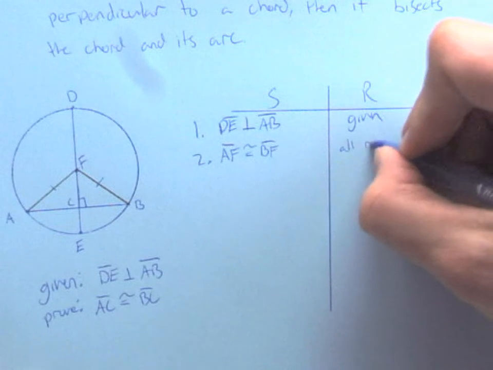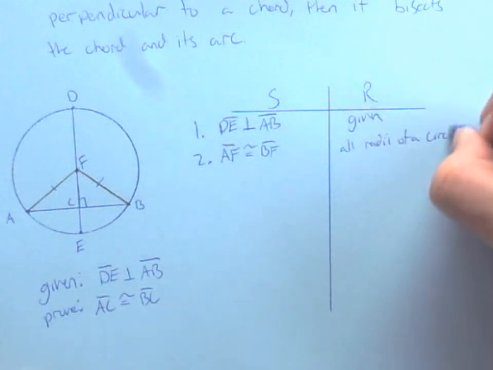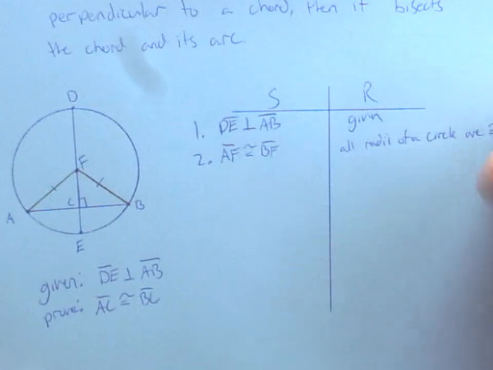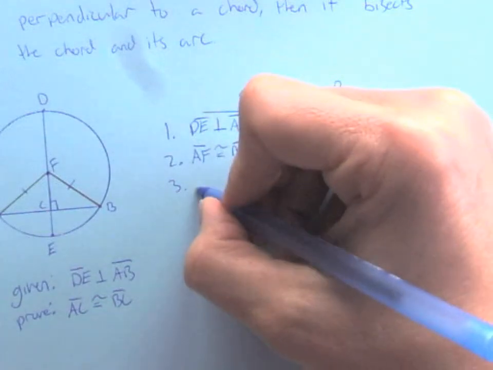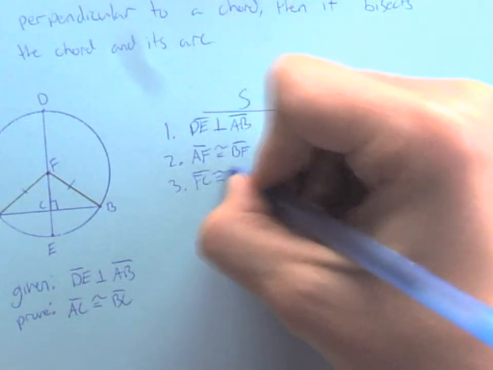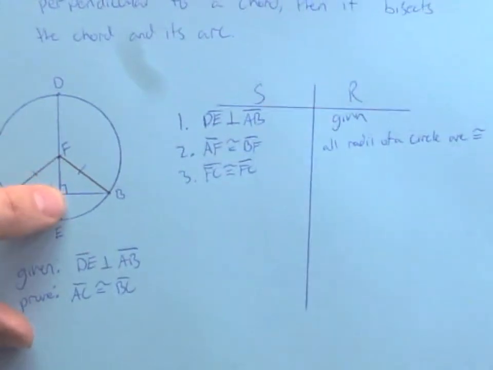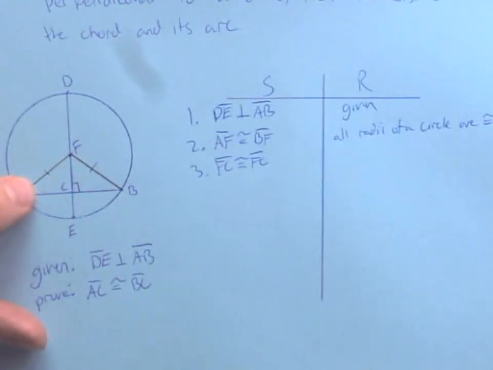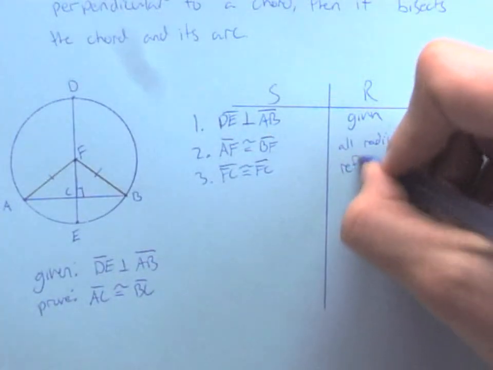All radii of a circle are congruent to each other. We can also say that FC is congruent to FC. Remember, this segment here is a side of both of these triangles. So that's the reflexive property.